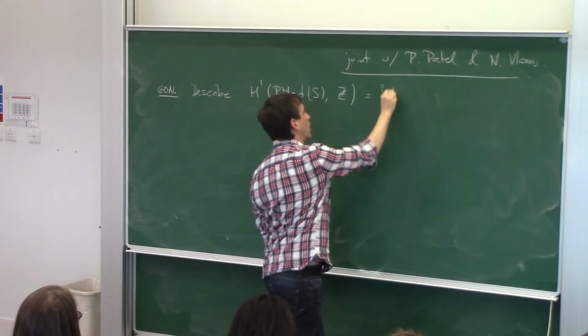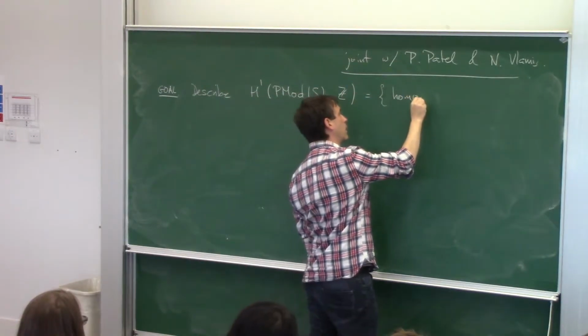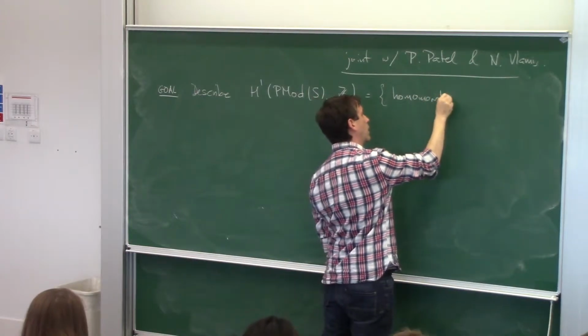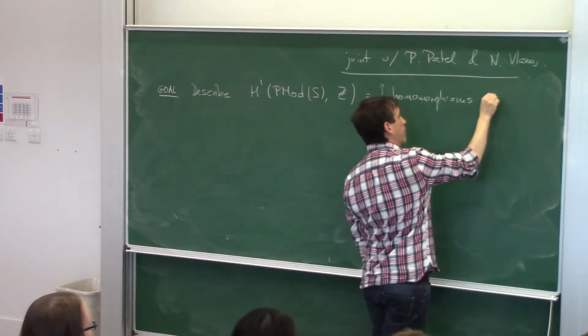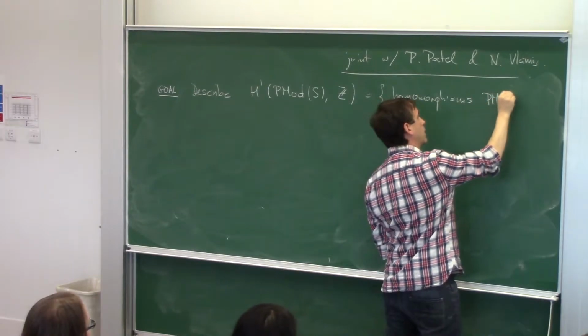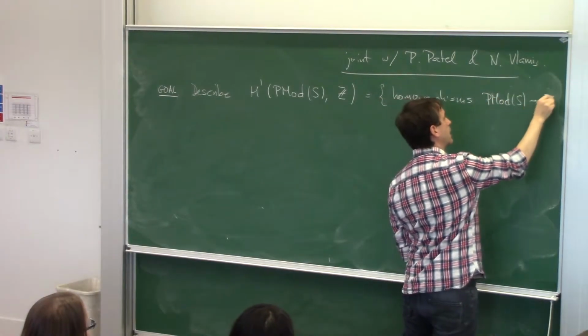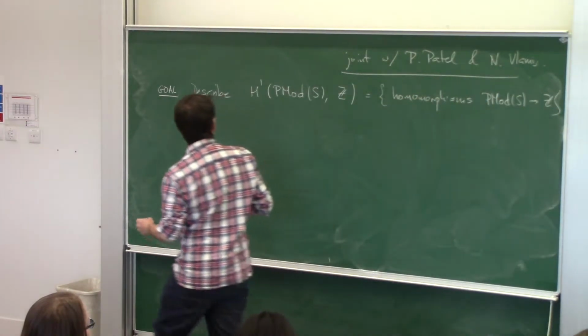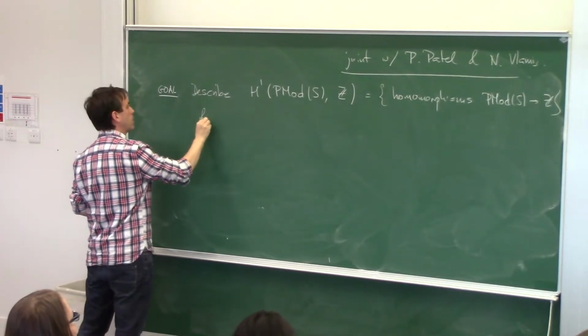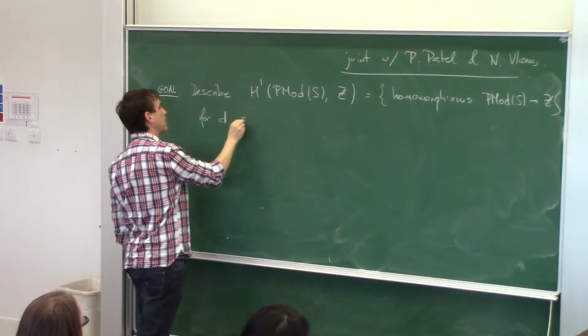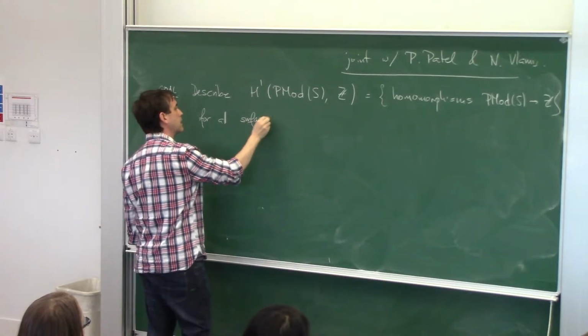So this is just homomorphisms from PMod to Z for all surfaces. Part of this is classic, and I'll explain the classic part.